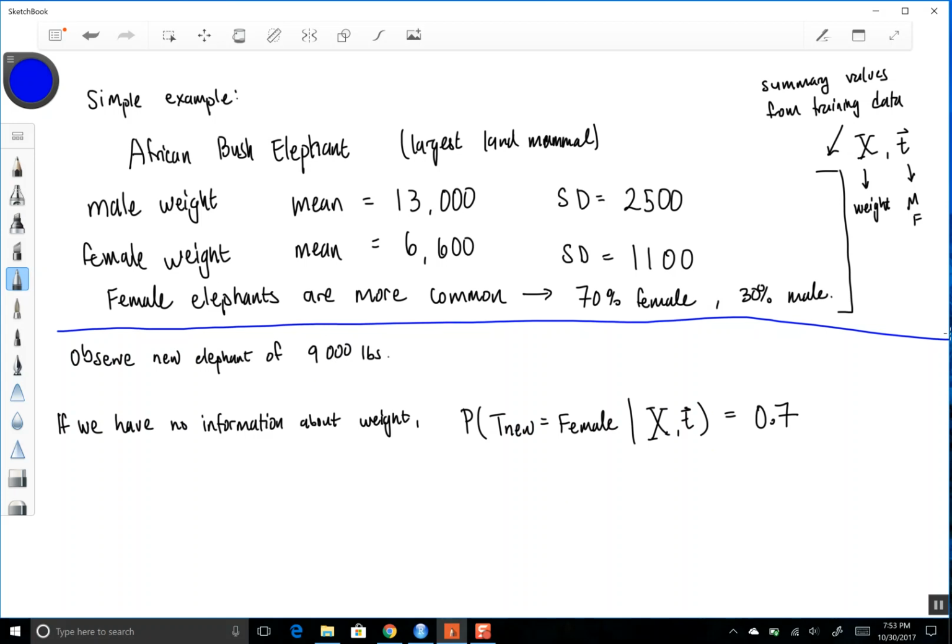So what we have to do is say, okay, if the elephant was male, what's the probability it would weigh 9,000 pounds? And if the elephant were female, what's the probability it would weigh 9,000 pounds? Because it's an unusual observation for both males and females, right? It's kind of in between, and we're not quite sure.